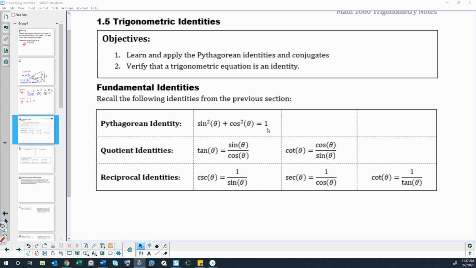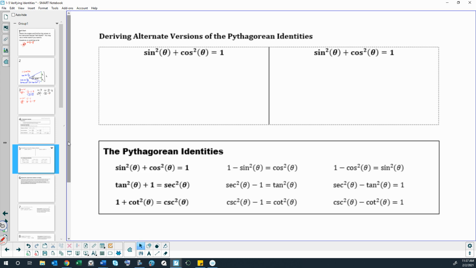So right now we're going to focus on this Pythagorean identity because there are other versions of this that we can use as we're proving identities. So we need to know what all those possibilities are. Okay, so the first one comes from taking our Pythagorean identity and we're going to divide everything by cosine squared.